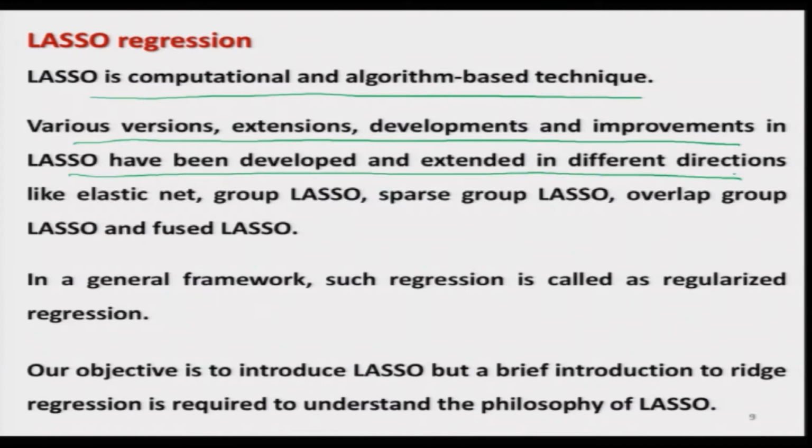For example, you can see in the literature, and they are available in software also, elastic net lasso, group lasso, sparse lasso, overlap group lasso, fused lasso and so on. If you go to any recent book on computational statistics, possibly you will find all these topics. In a general framework, such regression is called regularized regression.